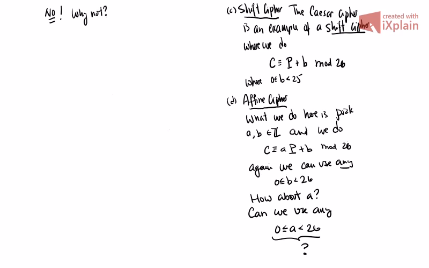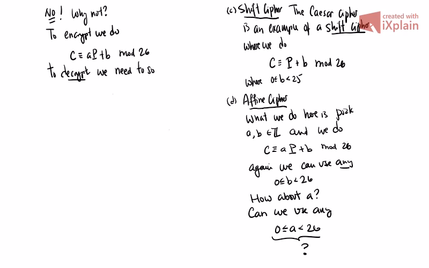So think about decryption, right? To encrypt, we do C is congruent to AP plus B mod 26. To decrypt, basically we have to solve for P. This is because we need to be able to get P for any C, right?